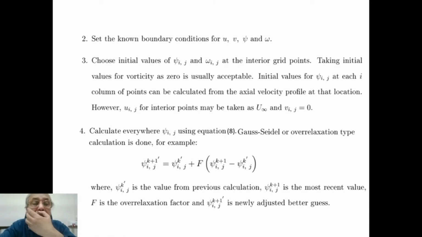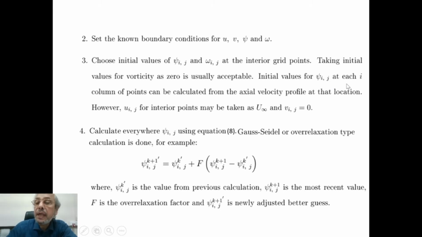Choose the initial values of psi and omega at all interior points. Taking initial values for vorticity as 0 is usually acceptable because this will be generated depending on the flow dynamics. So the initial value is 0.